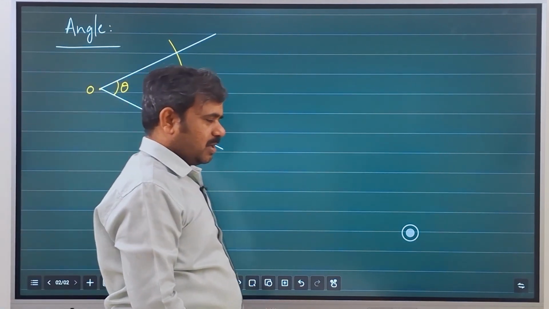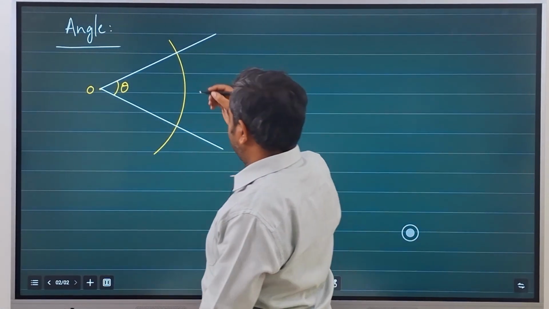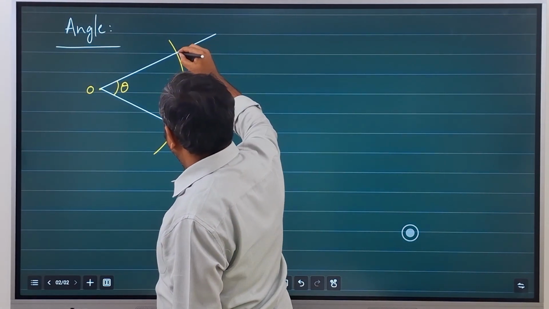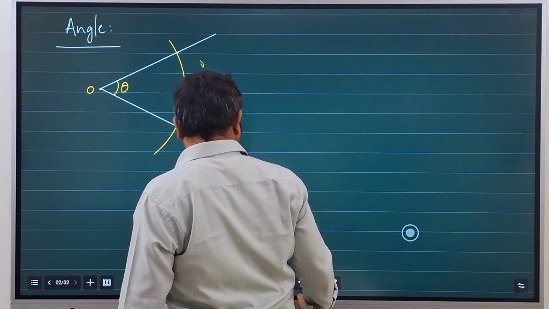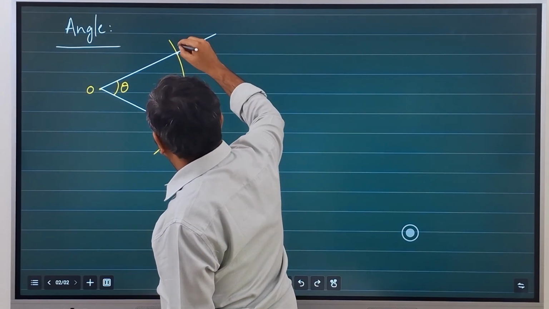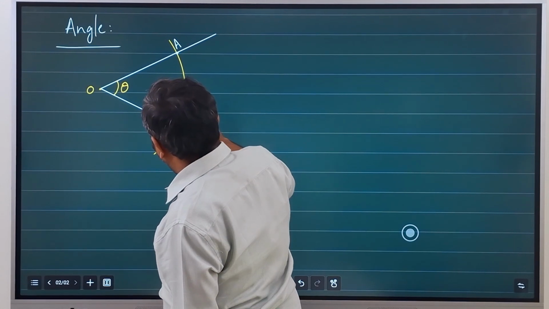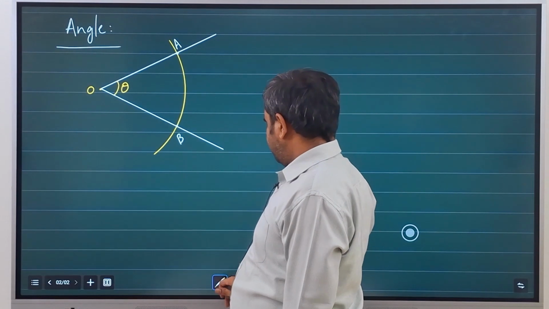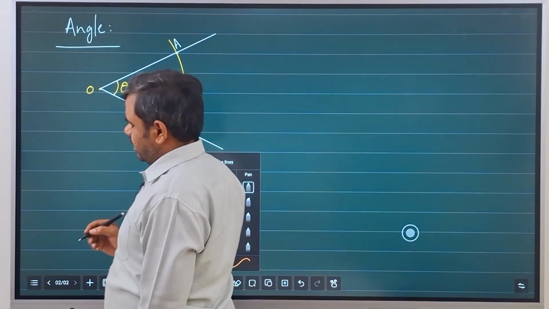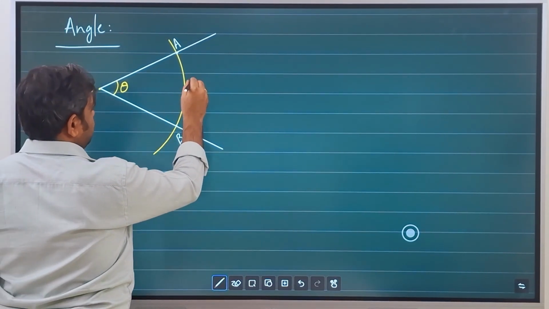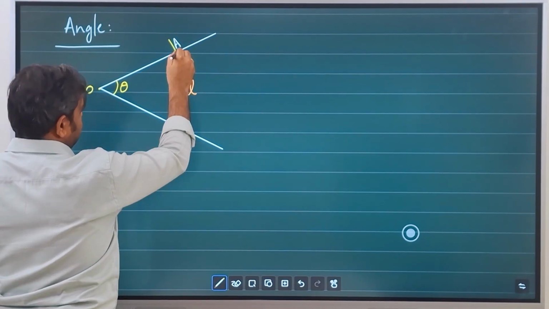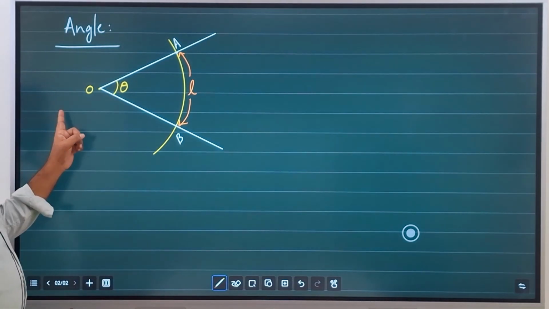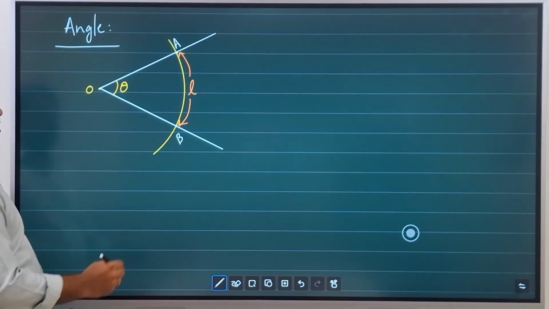Now I have drawn a circular arc. You can draw a circular arc of any radius. Let me say these 2 points are points A and B. This is point A and the arc is intersecting the other line, say at point B. Now let's say the length of the circular arc that we have drawn between A and B is equal to L. You know, OA is the radius, OB is also the radius.